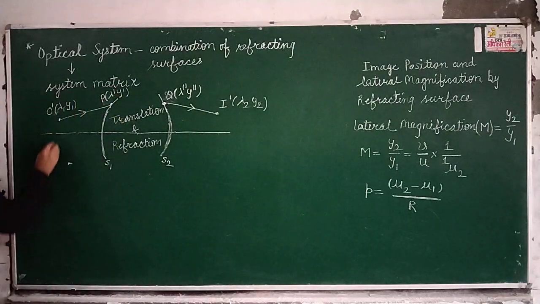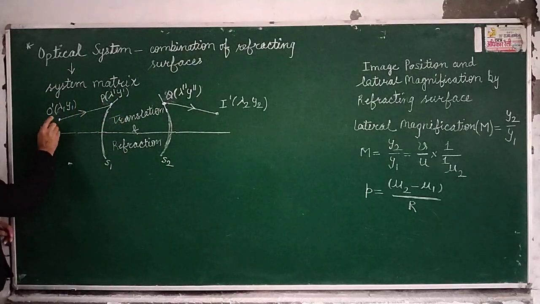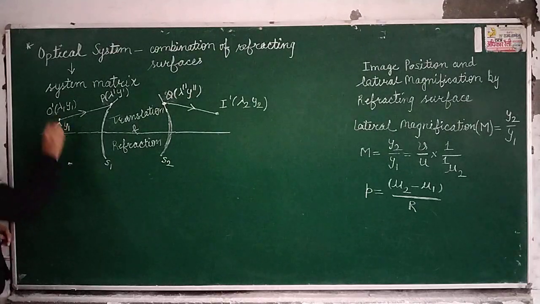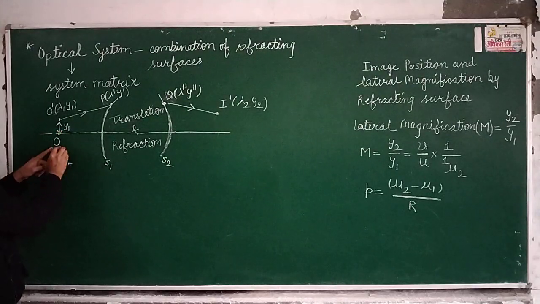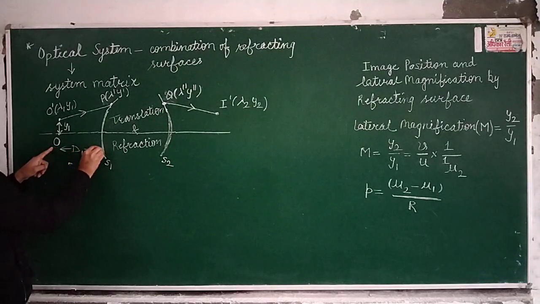Here you can see that O dash is at a height of y1 from the optical axis, and this point on the optical axis is O. This is the object distance, and let this object distance be denoted by d1.